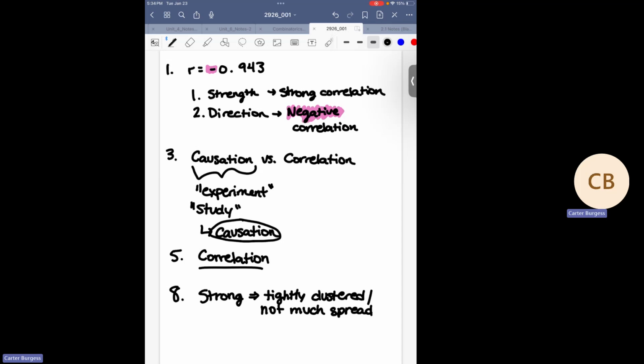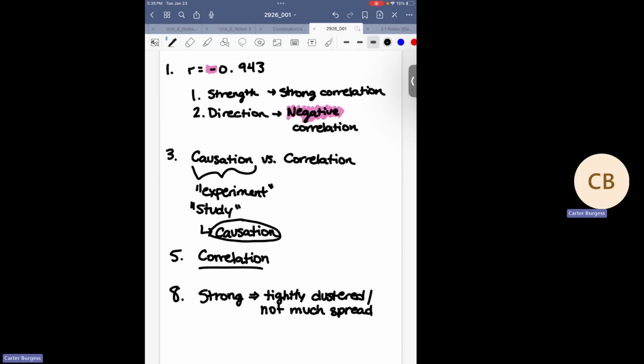And if we notice B, the clustering on B is a lot more tight around this idea that what we are seeing is a line. It's a lot closer to forming a line. It's a lot less spread apart. I would say that that is more tightly clustered.